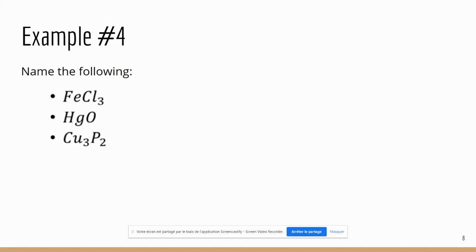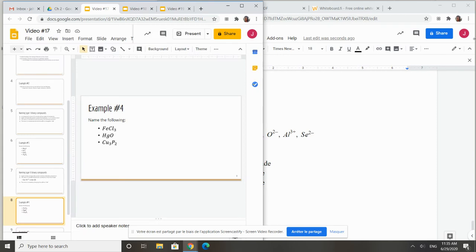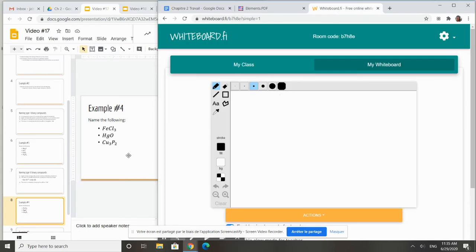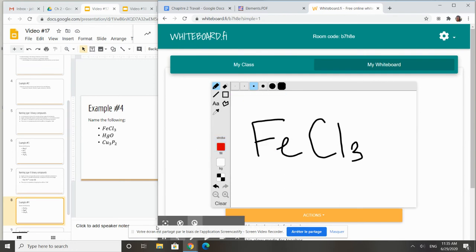Pause here. Okay, I'm going to show you a sort of trick that a lot of students like to use. You might not need it. You might just get to the point where you can do these in your head, but I'm going to show you at least once. So what I do, if there's no number listed by the metal, I just put a 1 there, and then I'm just going to put in X, and then I go to my periodic table.